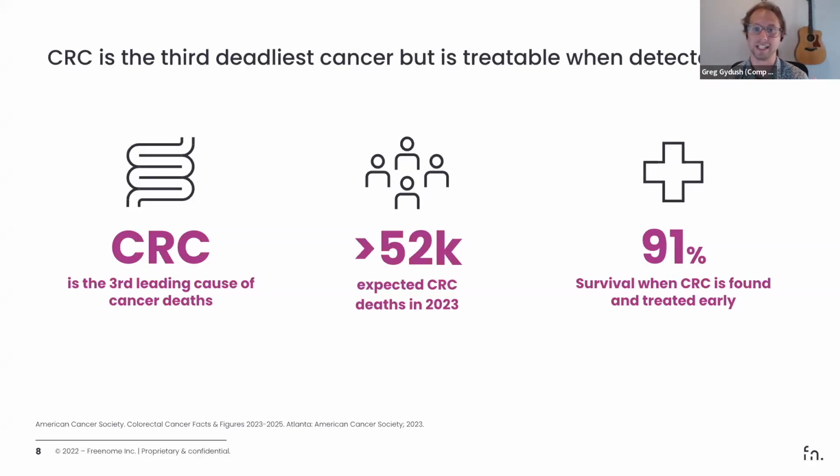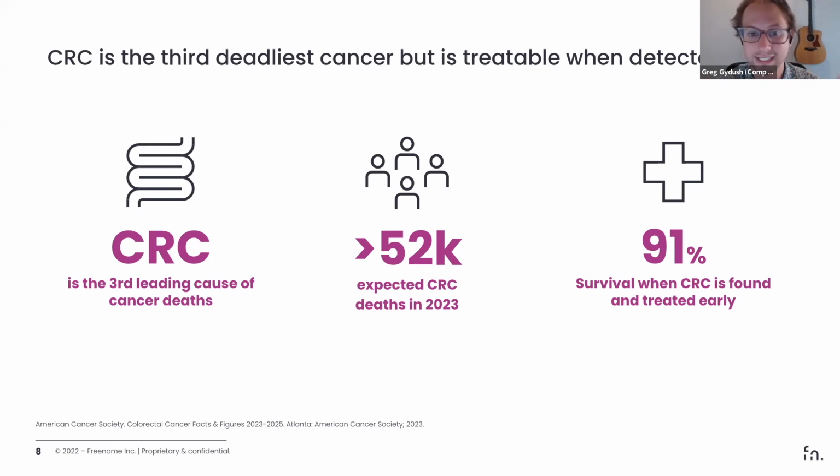So cancer is incredibly complex. So Freenome's approach involves creating cancer-specific blood tests to try and narrow that complexity. The first of which will be a colorectal cancer screening product. Colorectal cancer is actually the 3rd leading cause of cancer deaths in the United States, taking over 52,000 lives estimated for 2023.